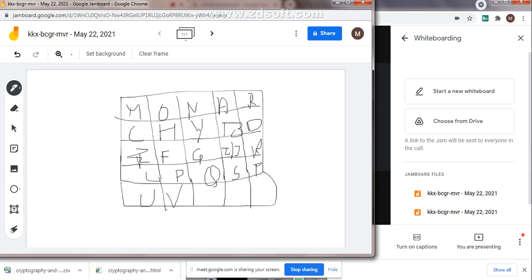F, right? G, H is there. Next is I, and J is not there, keep it in a single cell. Then K, L, M and O, all are present. So P, Q, R is there, S, T, U, V, W, then X, Y is there, then last is Z. This is how we got the 5 by 5 matrix.